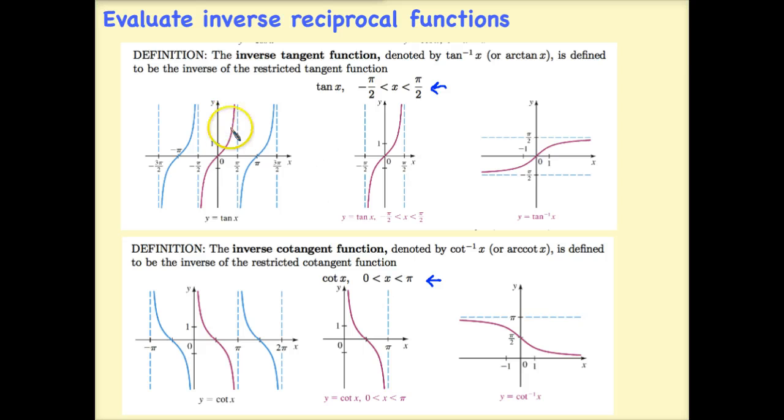In order to have just this leg, because we need only one leg, otherwise it doesn't pass the one-to-one test or the horizontal line test, we restrict the domain for tangent to between negative pi over 2 and positive pi over 2. Whereas cotangent, if you'll notice the way it's graphed, reflected and shifted, we end up restricting the domain between 0 and pi. And I will show you how that impacts how we evaluate tangent and cotangent.